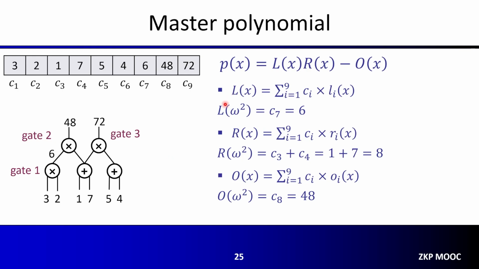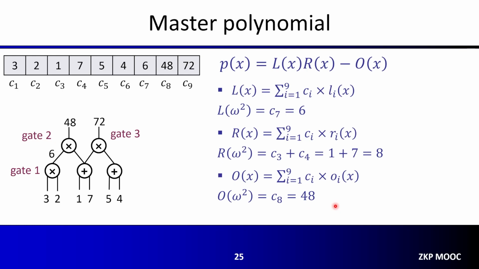Then for a similar reason, let's take a look at P of x evaluated at omega square. Again, by the properties of these selector polynomials, we're essentially selecting the left input, right input, and output of gate 2. So the equation becomes C7 times C2 plus C4, where we are taking account of the addition automatically in the definition, minus C8.